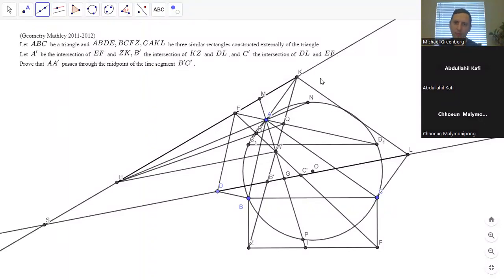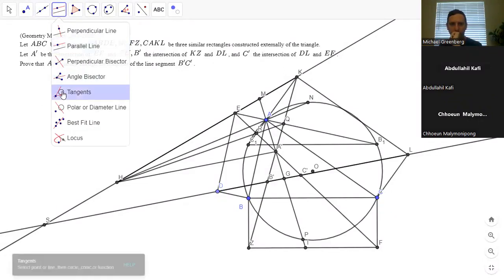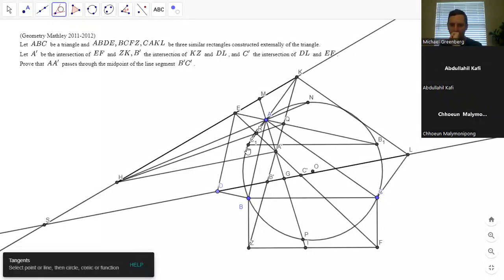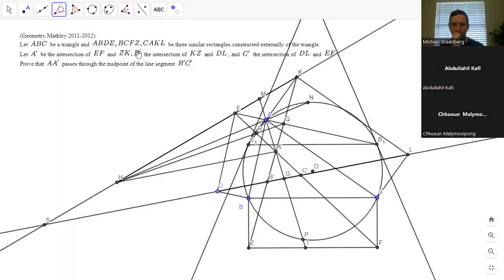I like the approach of showing NP, B1, and C1. What if we stuck with that? Because the tangents at B1 and C1, like we know what that is pretty well, like where they intersect. And basically we're showing Pn passes through that point.